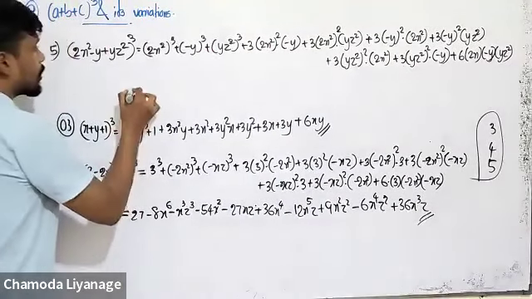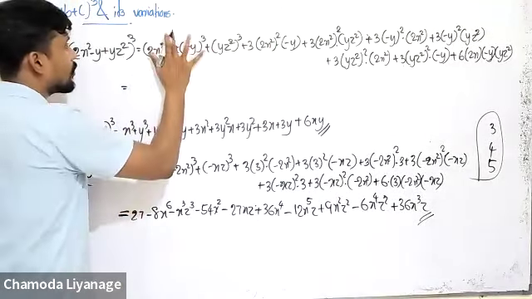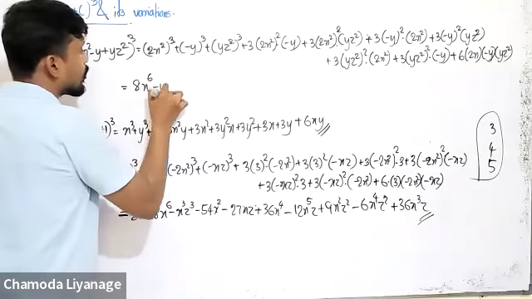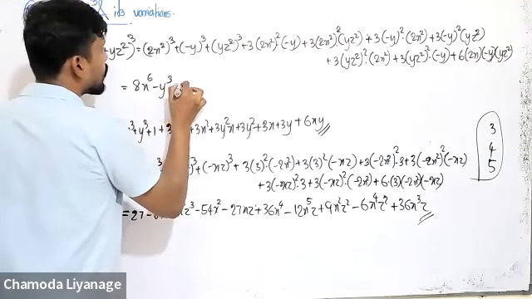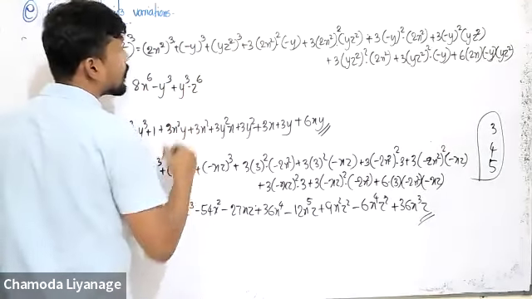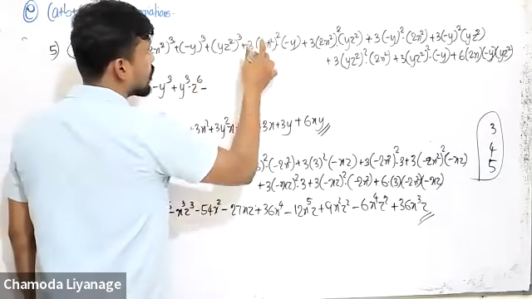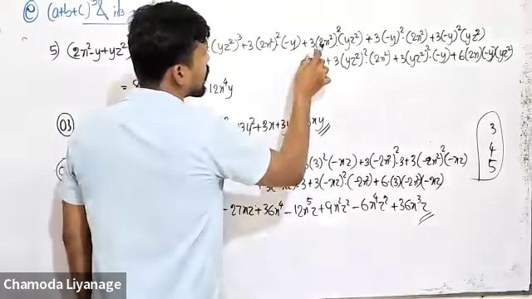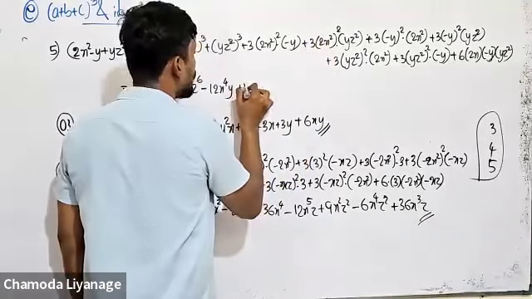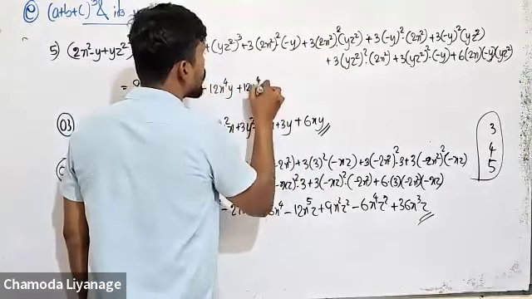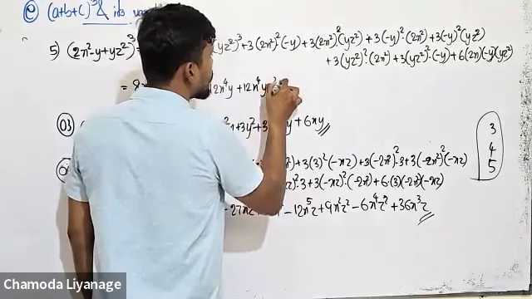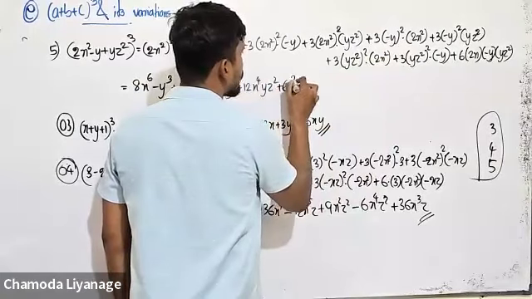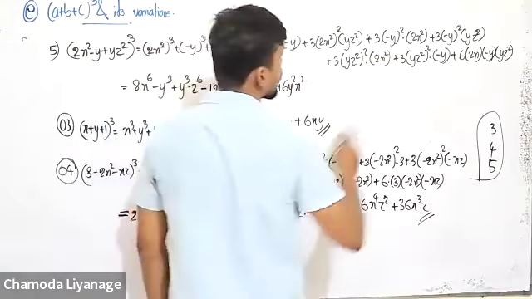Now the simplification part. 2x squared cube is 8 x to the power 6, minus y cube, plus y cube z to the power 6, minus 12 x to the power 4 y. Here 2 squared is 4, 4 into 3, 12, x to the power 4 yz squared. Here you'll get 6 y squared x squared.